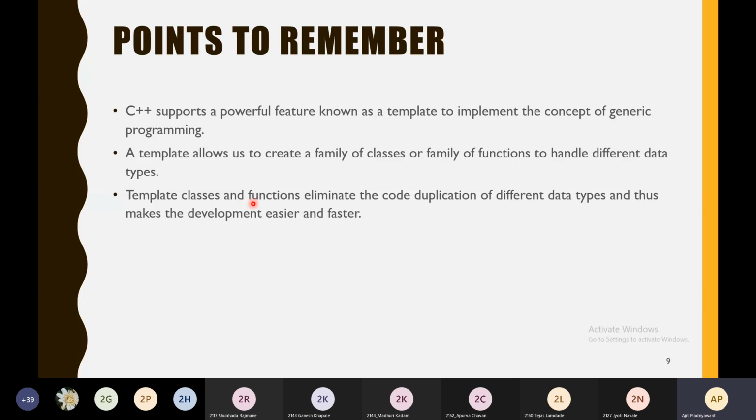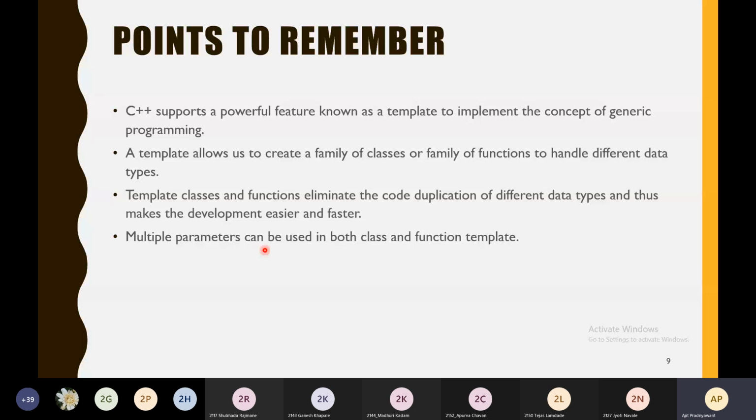Template classes and functions eliminate the code duplication for different data types and thus make development easier and faster. No need to write the same method or same class for different data types. You can use the same class or function for different data types. So it will reduce the development time and it is easier as well as faster for the developer.